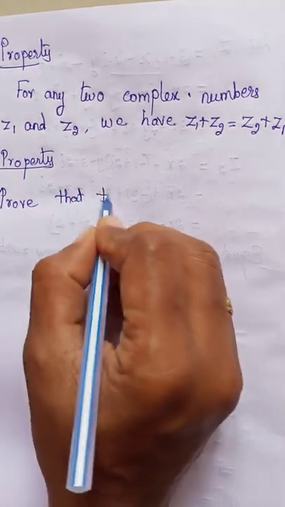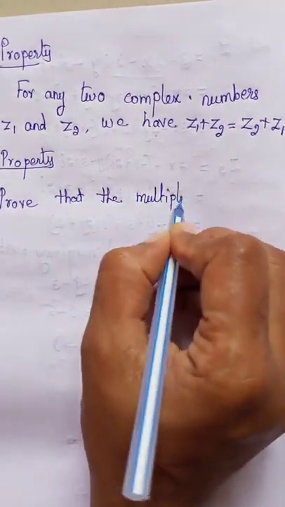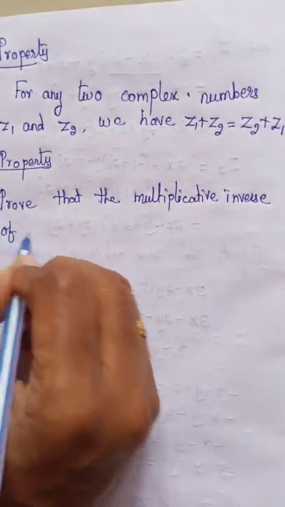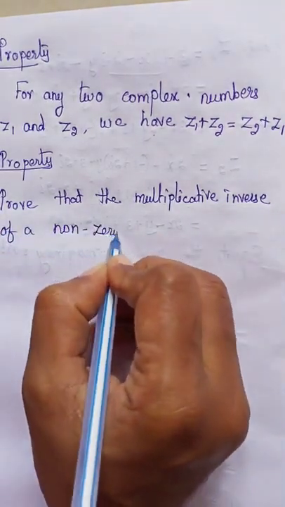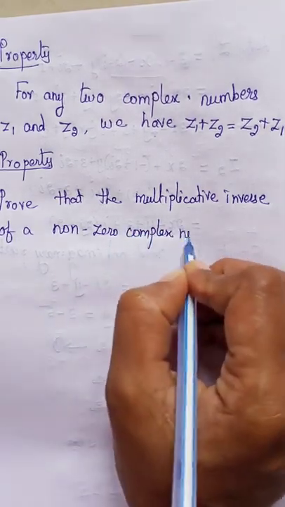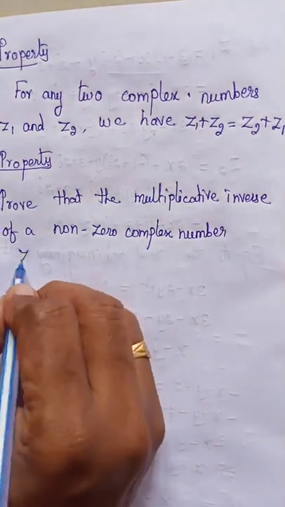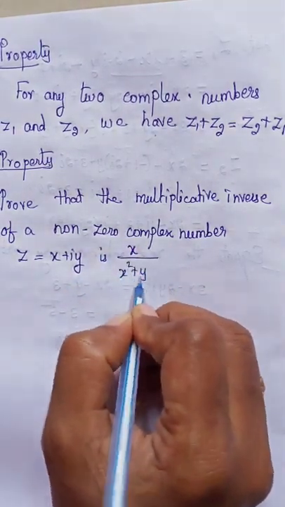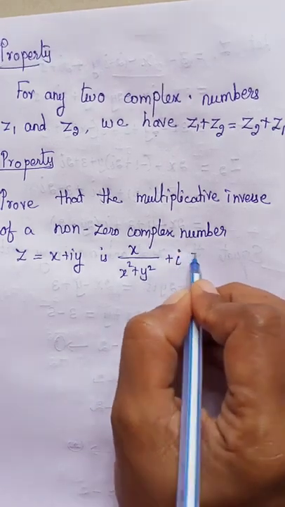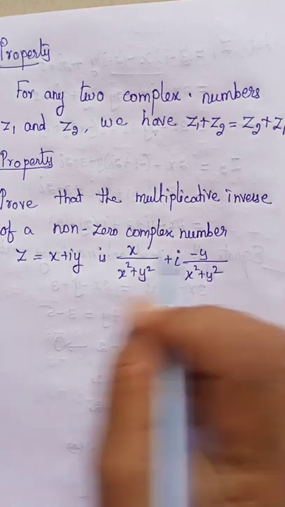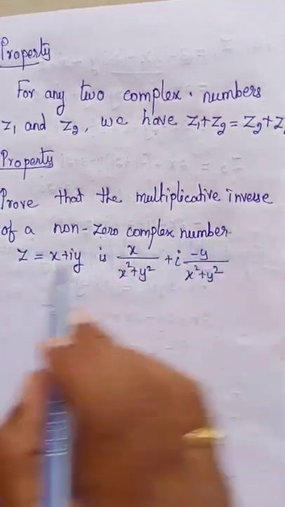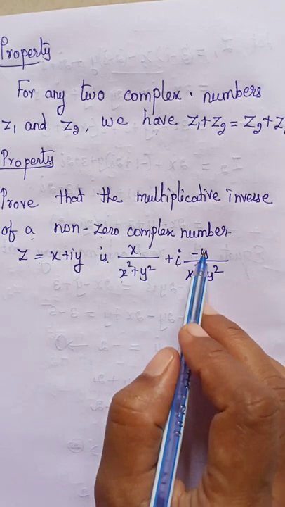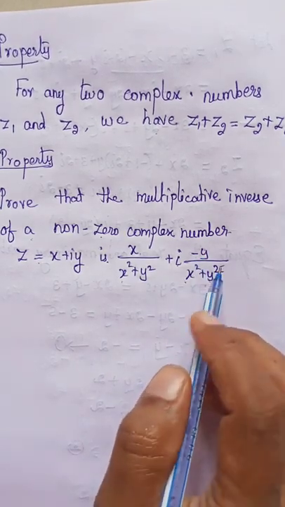Prove that the multiplicative inverse of a non-zero complex number z equal to x plus iy is x by x square plus y square plus i into minus y by x square plus y square. This we need to prove.